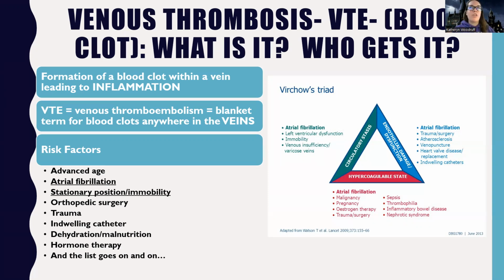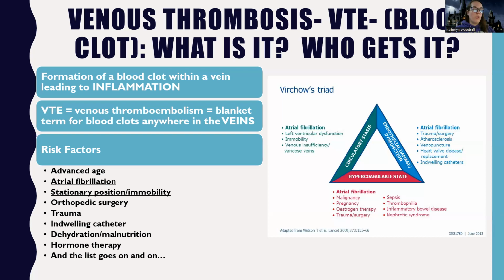The next, and it's not saying you have to have all of these, you can have only one of these and get a blood clot, but these are just showing the different things that contribute to blood clots. There's also what's known as endothelial damage or dysfunction, which is where there's damage to the inner lining of the blood vessel.